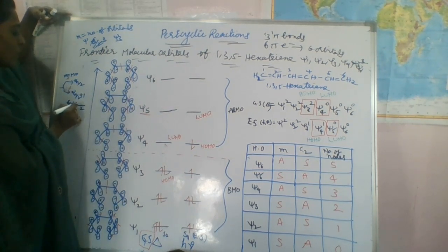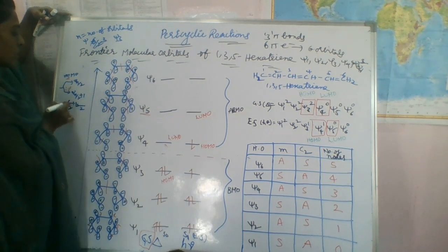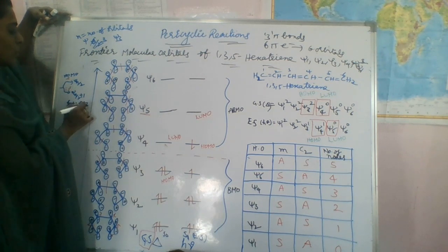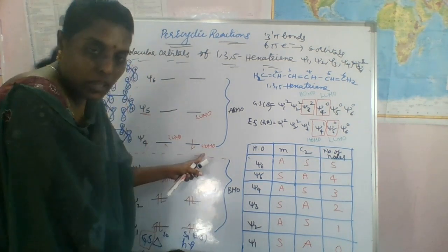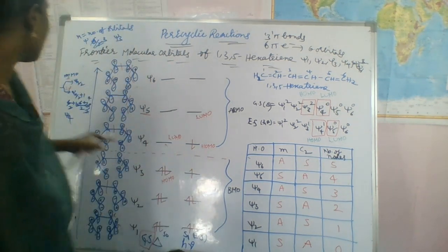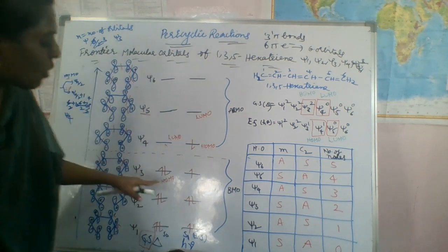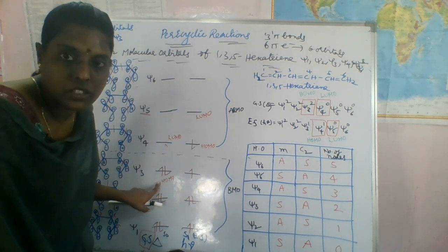So what is the value? 6 by 2 is 3, plus 1, that is 4. Means psi 4 is the HOMO for the photochemical condition, and psi 3 is the HOMO for the thermal condition, right?